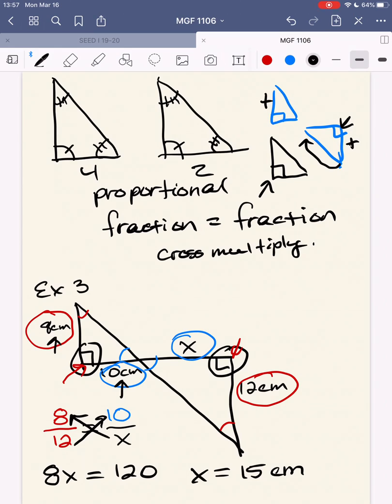I'm also going to look at one of the picture problems, which are on page 97. I'm going to do example 5. For example 5, I have the height of a lookout tower. Don't judge my lookout tower.